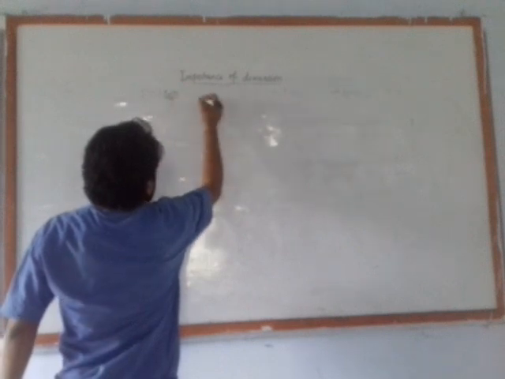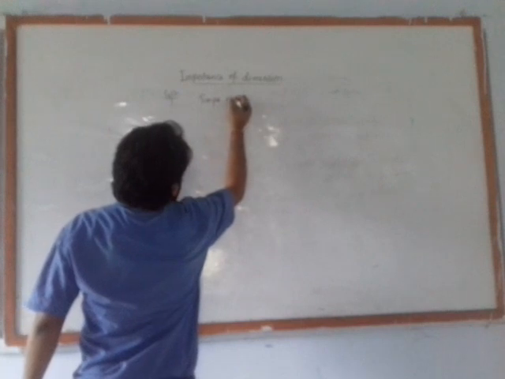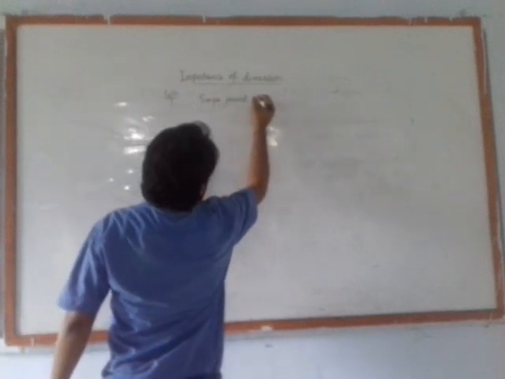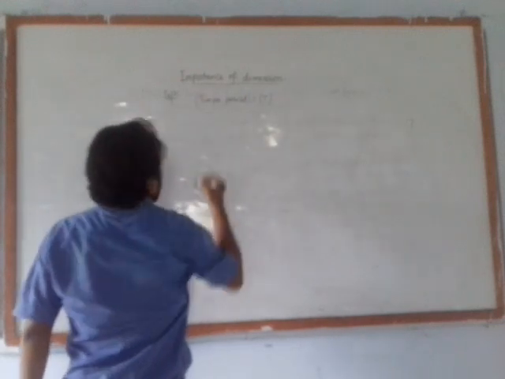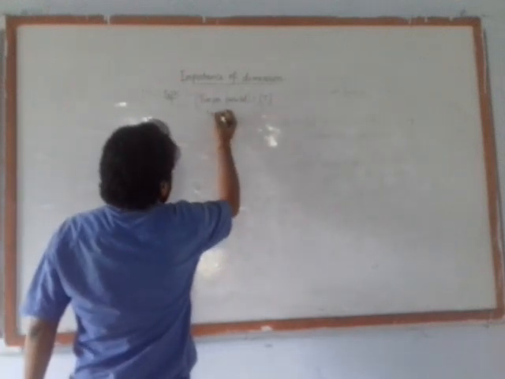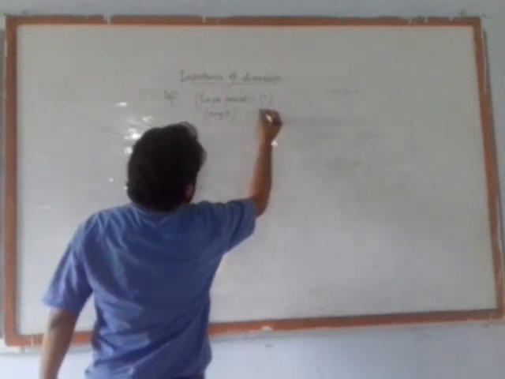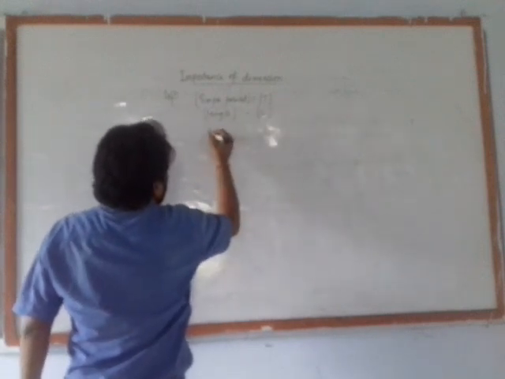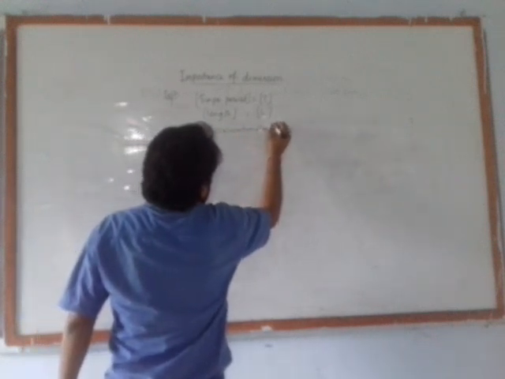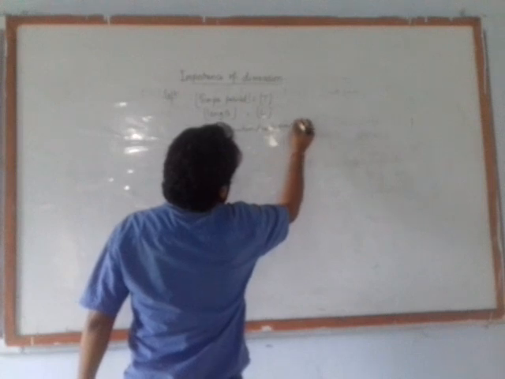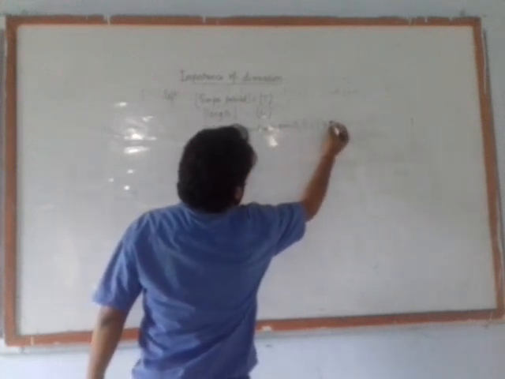The physical quantity is the time period of the simple pendulum, so for time period I am writing t. Then length is given, so length is L. And then acceleration due to gravity, so this is g.